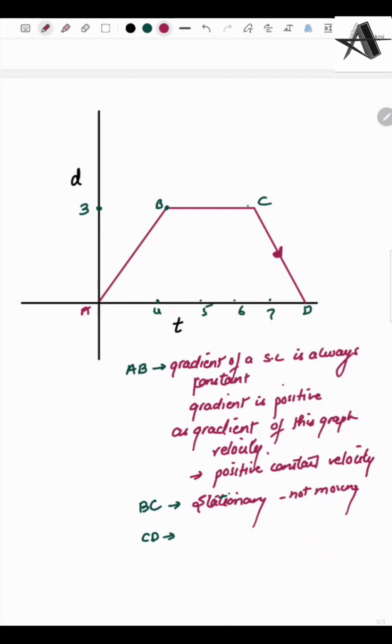From A to B, both values were increasing: displacement is increasing, and so is time. So you can clearly understand that this is a positive gradient. Whereas from C to D, one value is increasing and the other is decreasing. When this happens, you will always get a negative gradient. So this is a negative constant velocity.